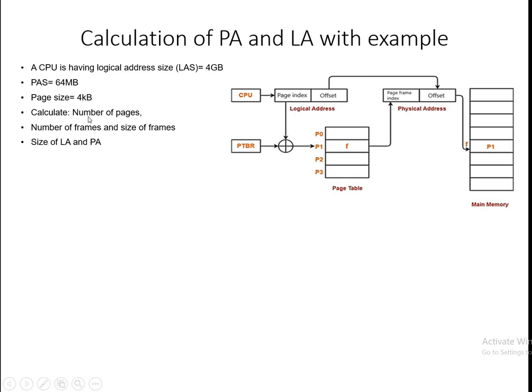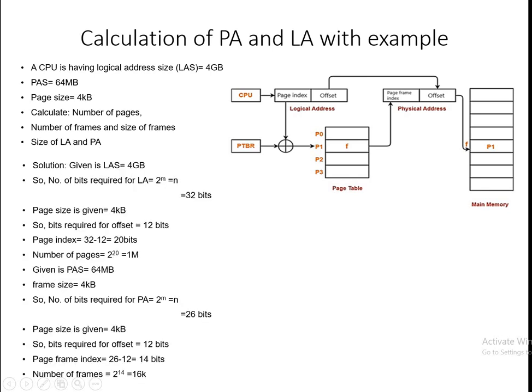We have to calculate the number of pages, that is, how many pages are required in the page table, the number of frames and size of the frame. Then the size of the logical address and the size of the physical address. So we will try to calculate it.